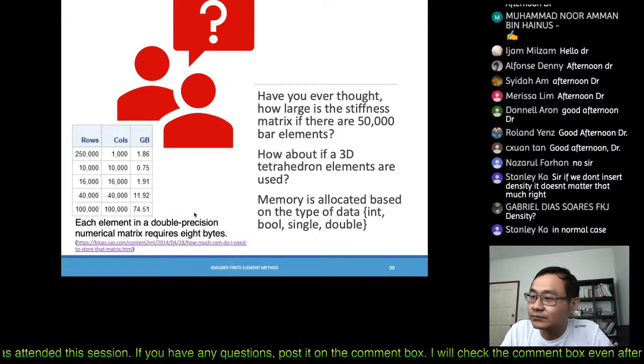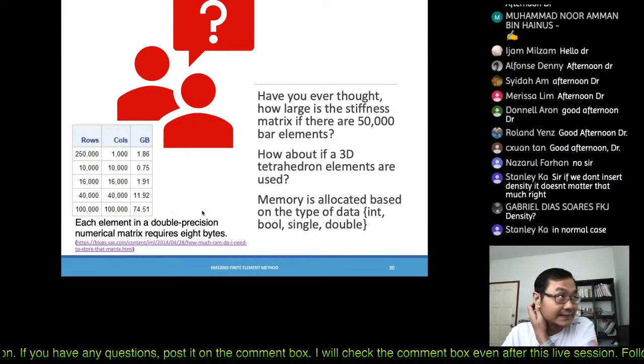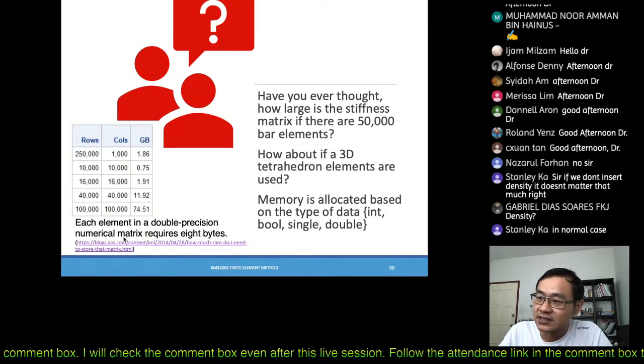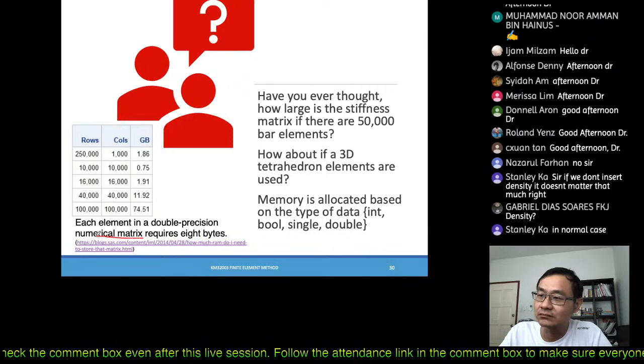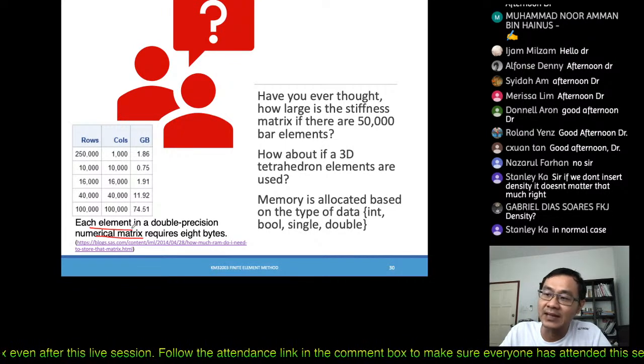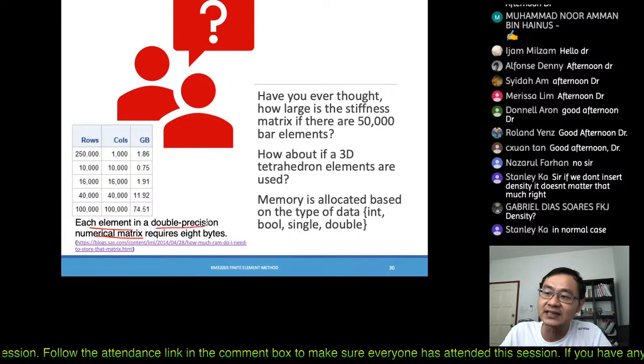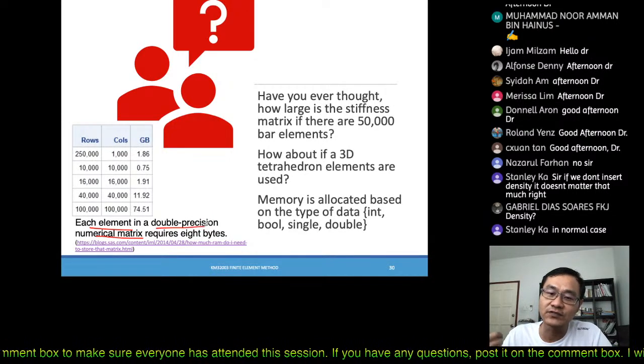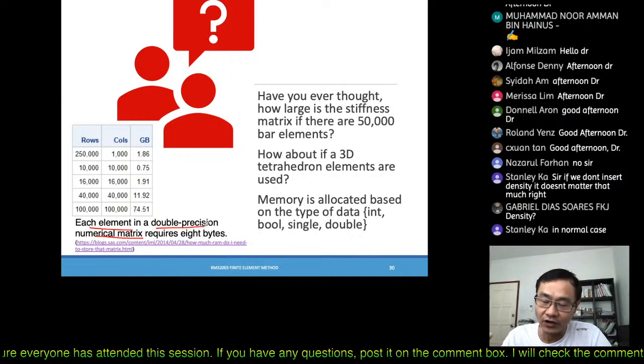I just did a quick search. For a general numerical matrix, each element is defined in double precision. Remember when you do programming, you have to define the type of the data itself.